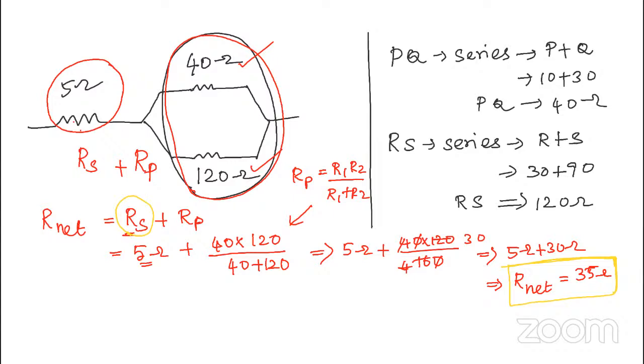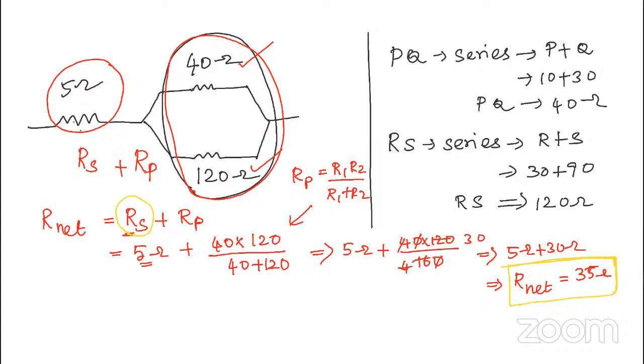The current flows through all four ends A, B, C, D. So finally you have to add the internal resistance value, that is 5 ohms. Okay, now the R net value has been calculated.